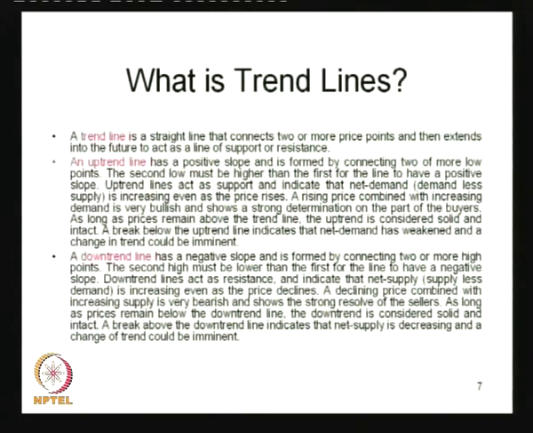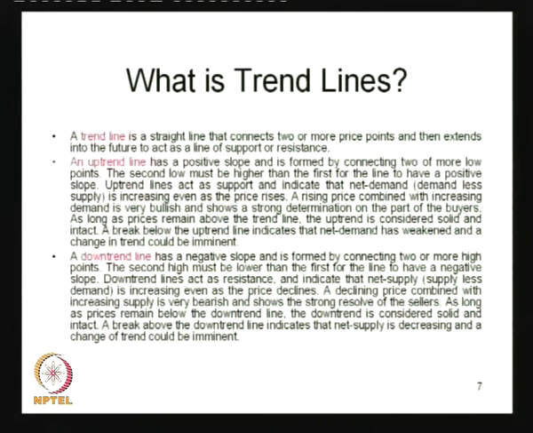For the line to have a positive slope, obviously, the uptrend lines act as support and indicate that net demand, in this sense demand less supply, is increasing even as the price rises. A rising price combined with increasing demand is very bullish and shows a strong determination on the part of the buyers.